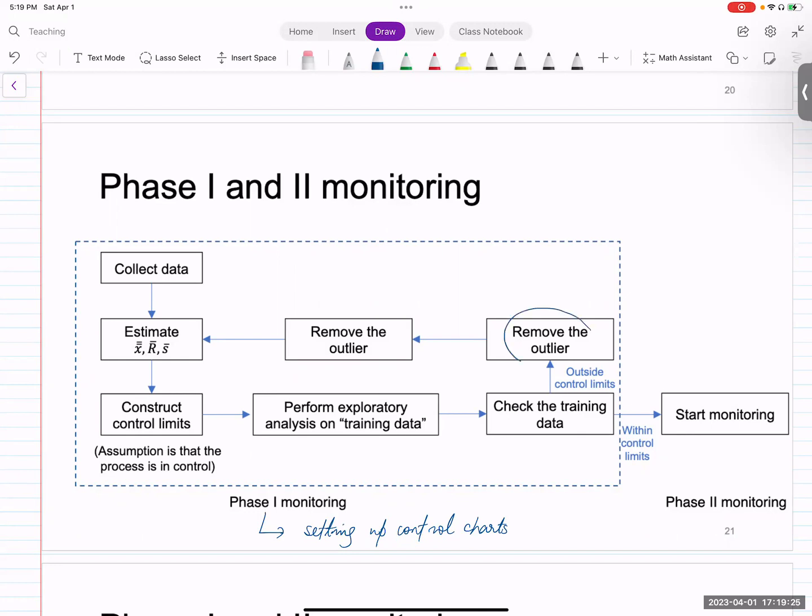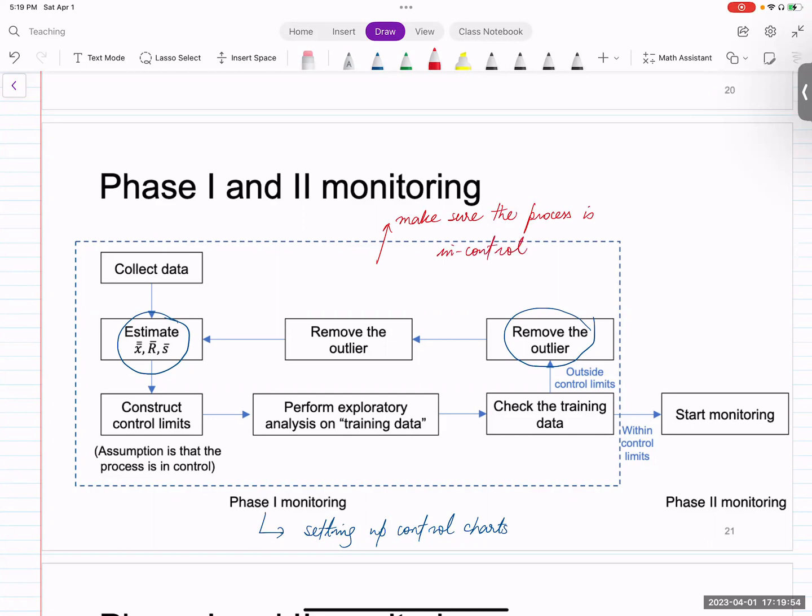If you see any outliers, remove them, and then re-estimate your X double bar, R bar, and S bar, and construct the control limits again. Make sure that the process is in control.